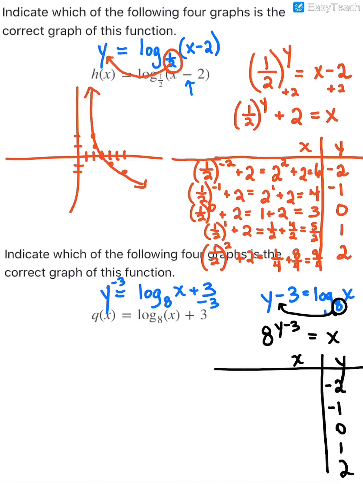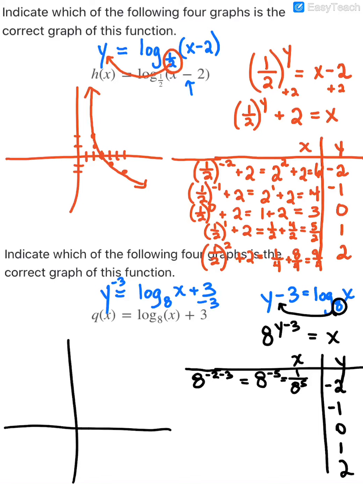So when y is -2, that means I have 8 to the power of -2 minus 3. And so that would give me 8 to the power of -5, which is the same as 1 over 8 to the 5th, which is going to be a very, very small number. So just as close to 0 as you can get when you're graphing it. So that point, and then the y value is -2.